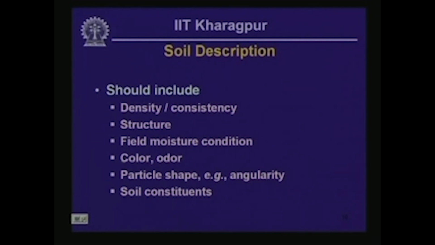Now, soil description: you have to describe the subsurface units that are encountered during the investigation process. Soil description should include density or consistency, structure, field moisture condition, color or odor, particle shape such as angularity, and soil constituent, whether it is composed of sand or clay or what have you.